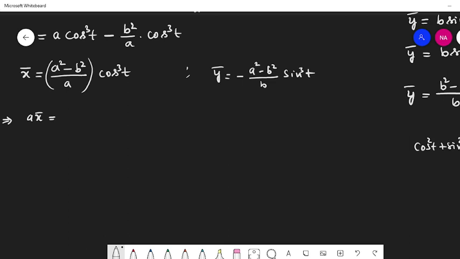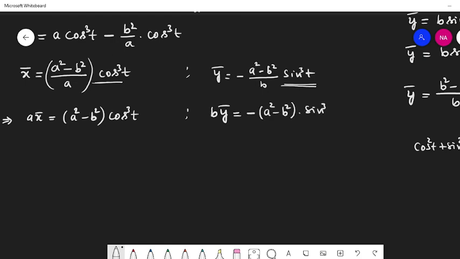To use this identity, I have to get an expression for cos square t from this, and an expression for sin square t from this, then add those two. So a x bar equals a square minus b square cos cube t, and similarly b y bar is equal to minus of a square minus b square sin cube t.